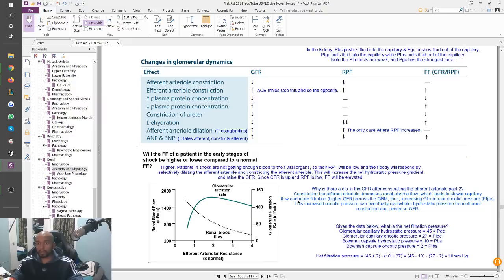Why? So you would think that something's probably going bad, right? Constricting the efferent arteriole decreases renal plasma flow, which leads to slower capillary flow and more filtration, so a higher GFR across the basement membrane, thus increasing glomerular oncotic pressure. This increased oncotic pressure, which is the correct answer, can eventually overwhelm hydrostatic pressure from efferent constriction and decrease GFR.